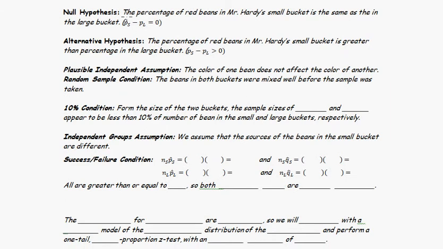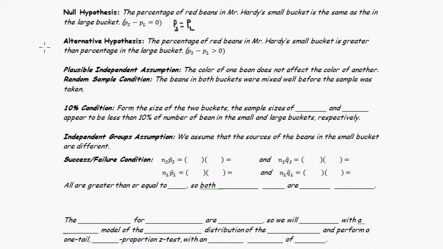Our null hypothesis would be that they're the same. So the percentage of red beans in Mr. Hardy's small bucket is the same as in the large bucket. So the difference in the two proportions is equal to 0. The only way that could be is if they're the same. So what we're saying is P subscript S equals P subscript L. Okay?